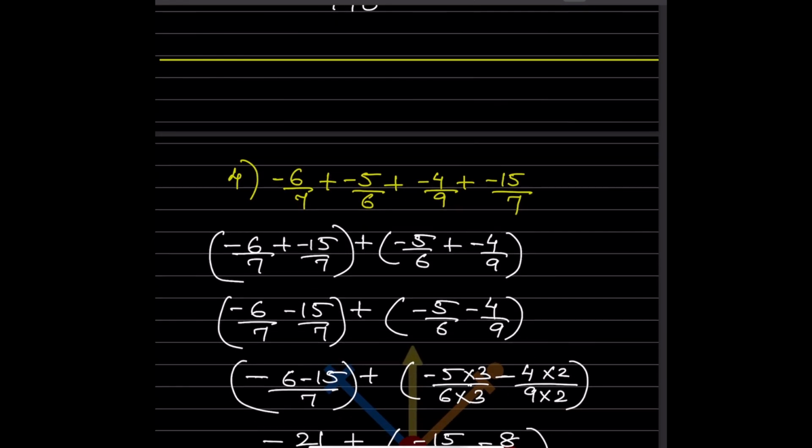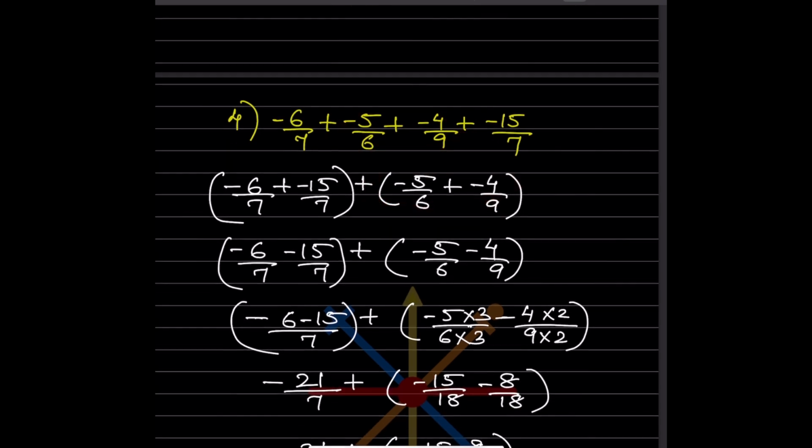Now again you will look for this one. Yes, here we have the 7 together. So you put this together and then take this together. Now what will you do? Because this is plus minus, first let us change the sign. Here again it is plus minus, so that becomes minus. Now look at the denominator. The denominator is the same, so the numerator should just be brought together, minus 16, minus 15. But in the second case, this is 6 and 9, so the LCM should be 18.